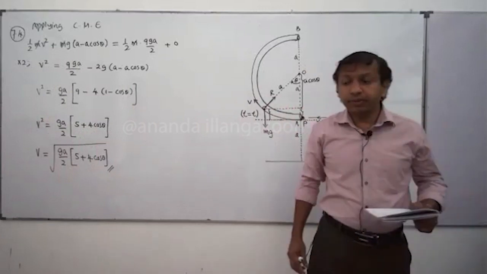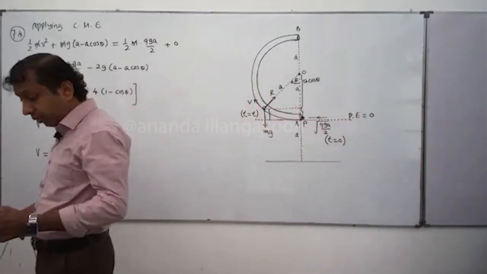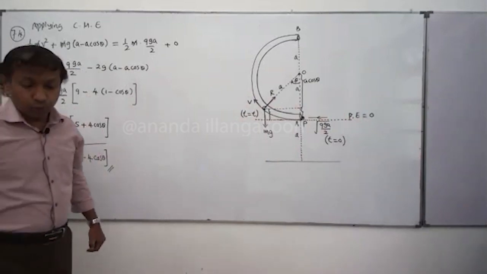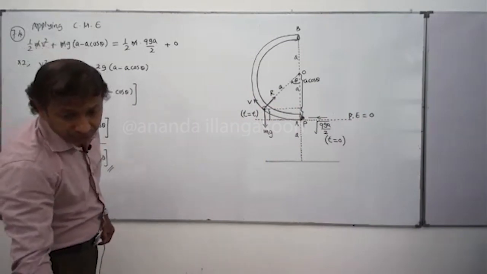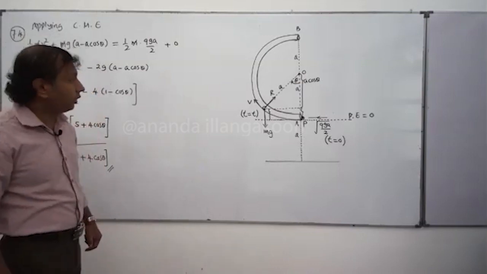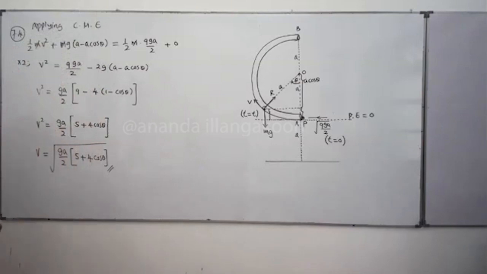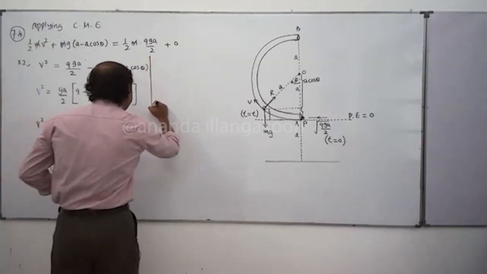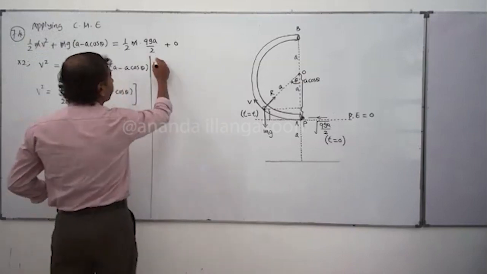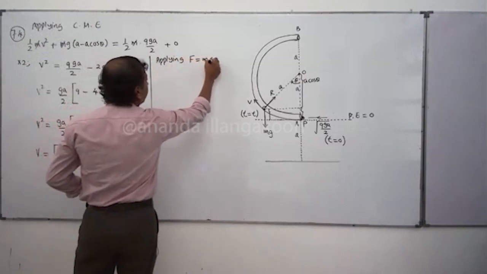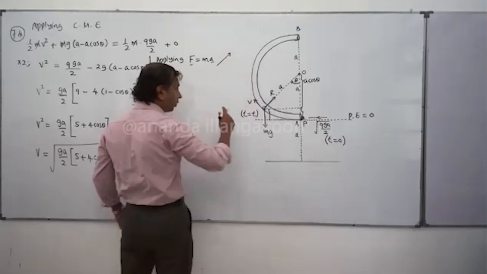Secondly, we were asked for the normal reaction. To find the normal reaction, we have to apply F equals ma towards the center, right? Now you can write, applying F equals ma in this direction towards the center.